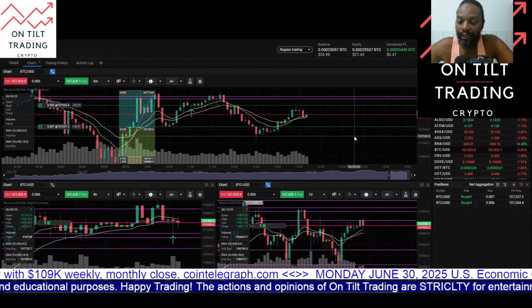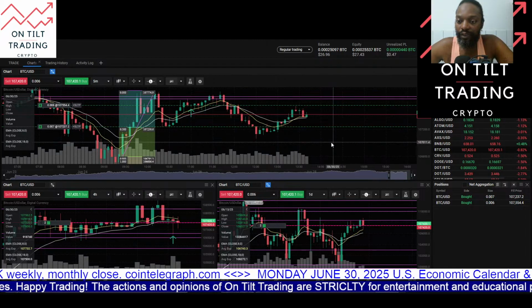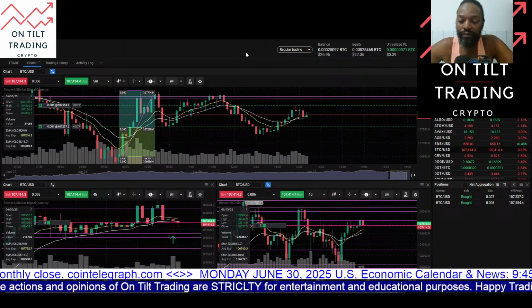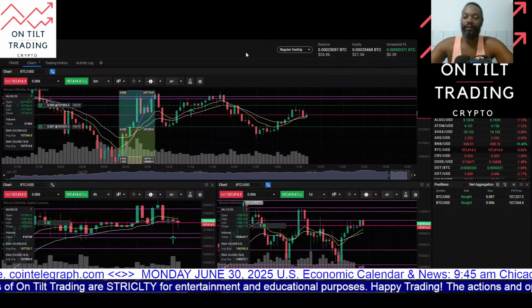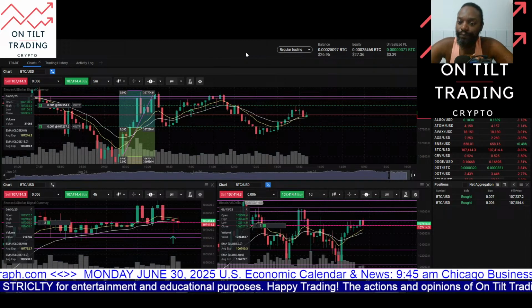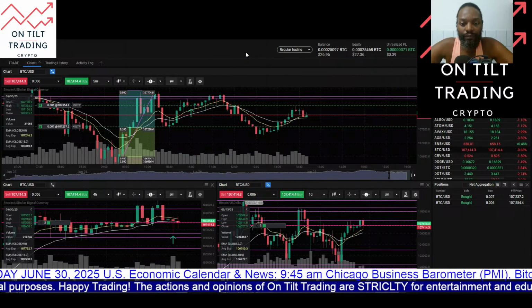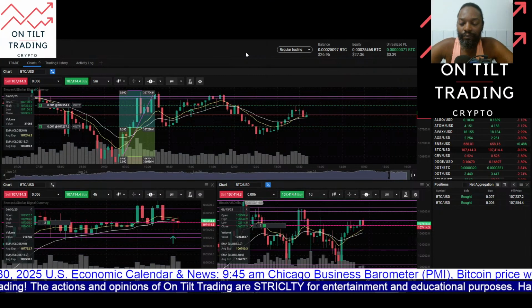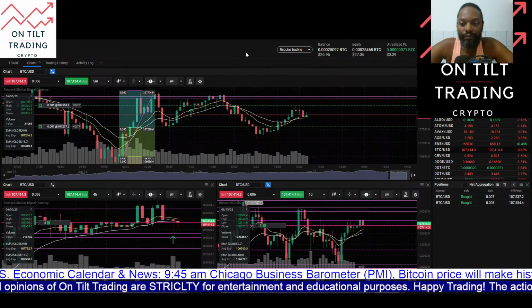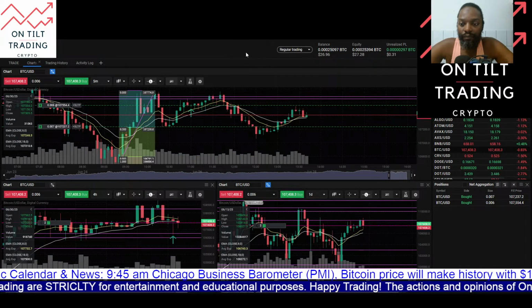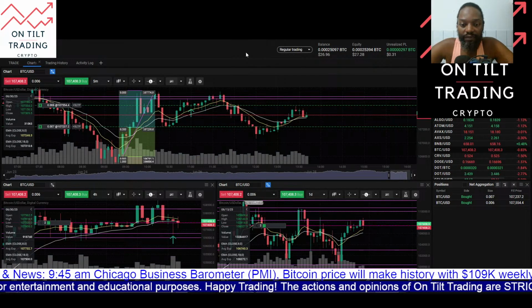So price consolidating here on Bitcoin at 107,420. Now near the 107,400 level.